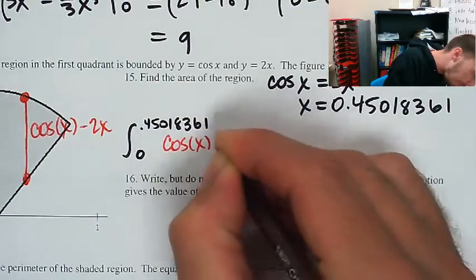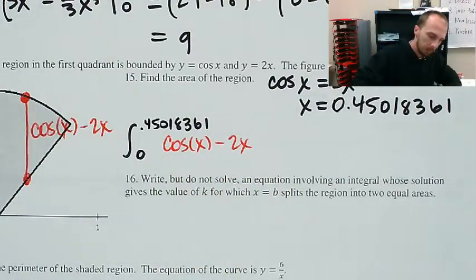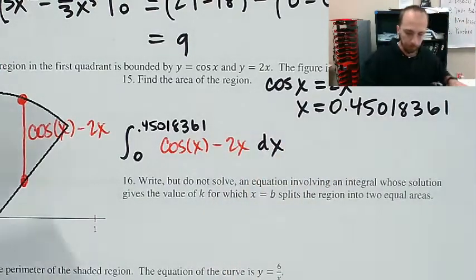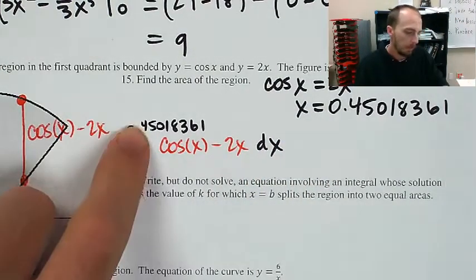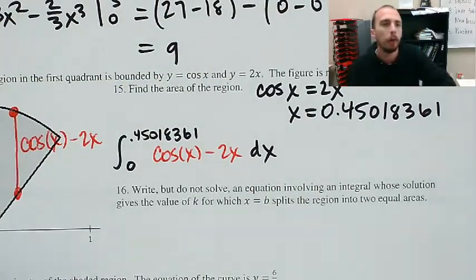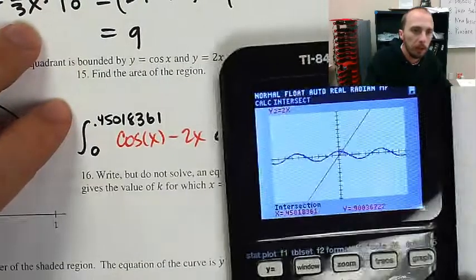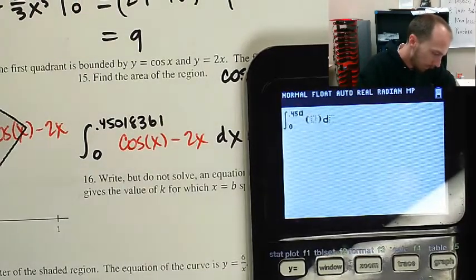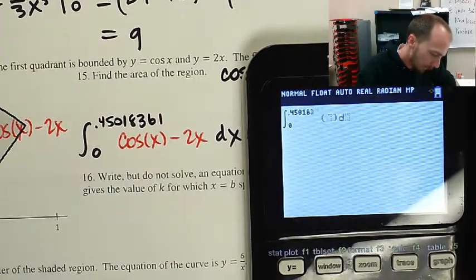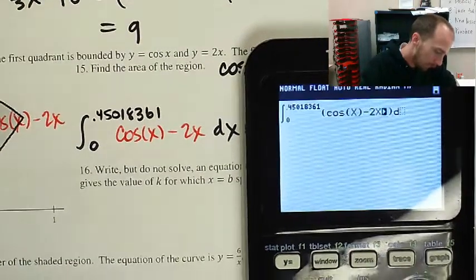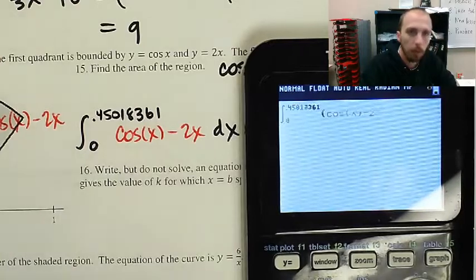So cosine x minus 2x, and we're going to integrate that with respect to x. Okay. Because I've already used the calculator to find the intersection anyway, I'm going to use the calculator to find the area. Okay, so integrate from 0 to 0.4501831 cosine x minus 2x dx.